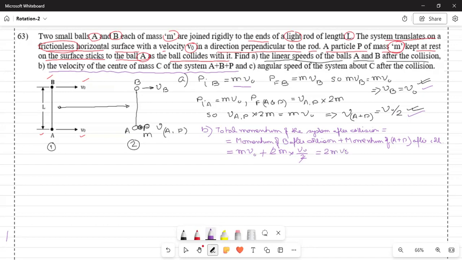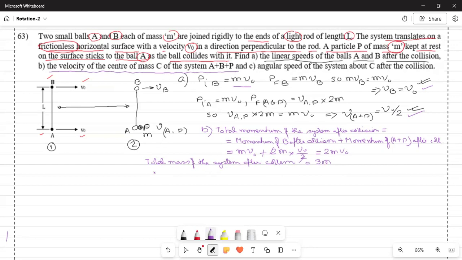Now, the total mass of the system after collision is equal to 3m.